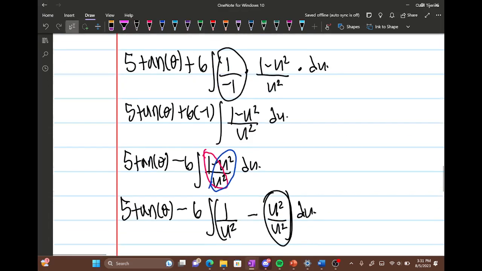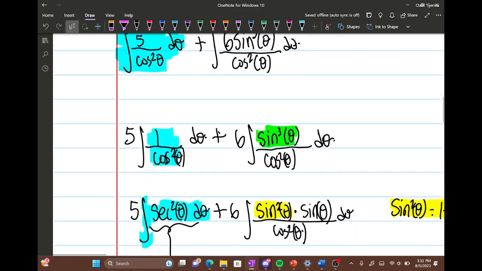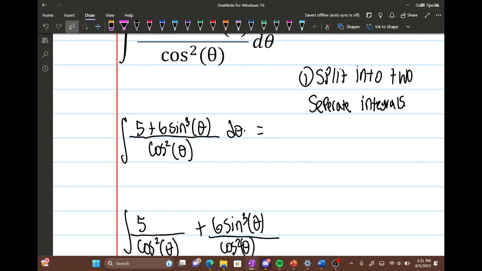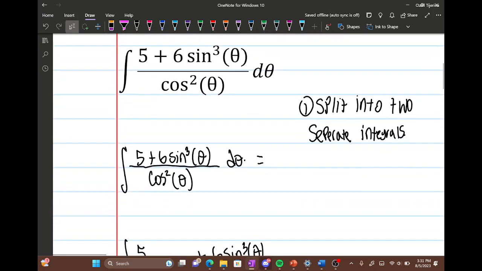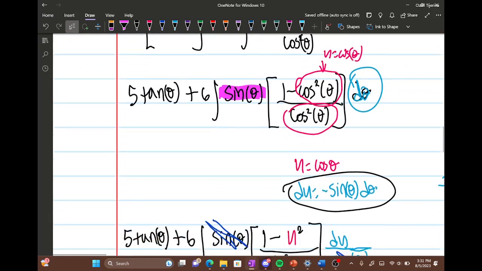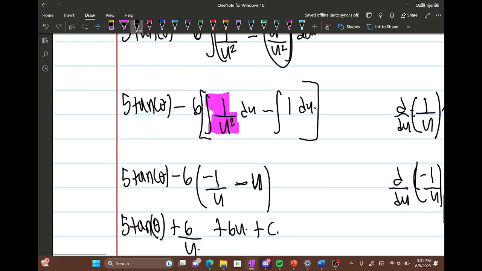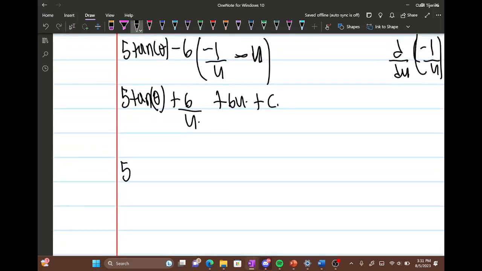So the last 2 steps actually are going to be the following. We're going to substitute u back in. In our problem, we said that u was cosine theta. So now we're going to substitute it back in. We're going to have 5 tan of theta plus 6 over cosine of theta plus 6 cosine of theta plus the constant of integration c.